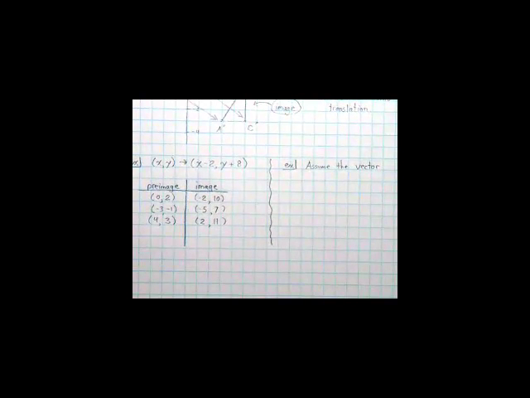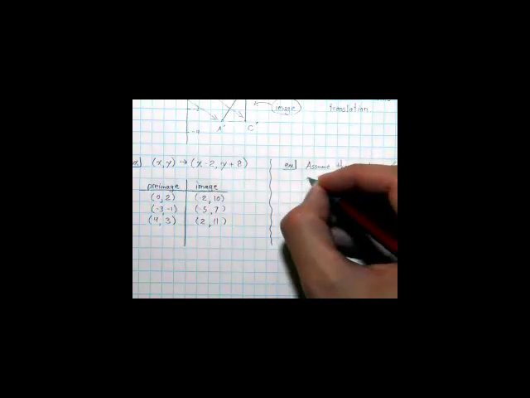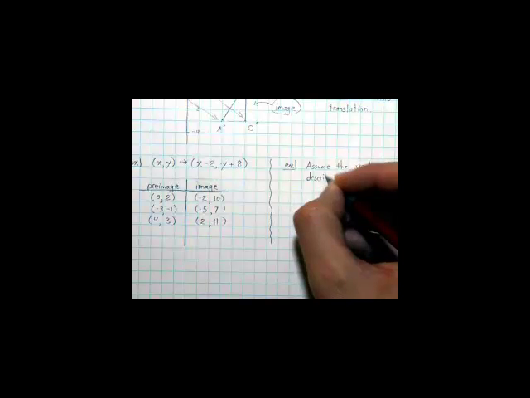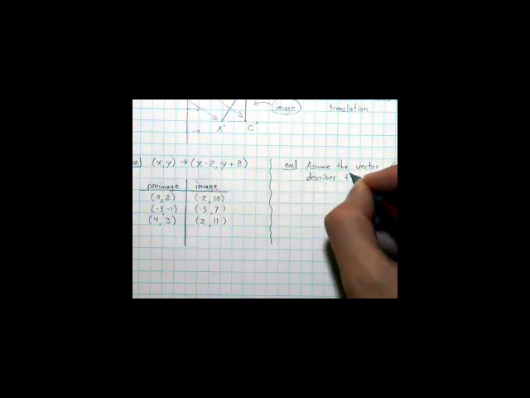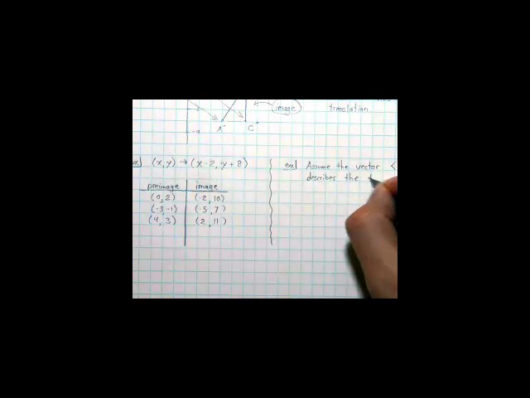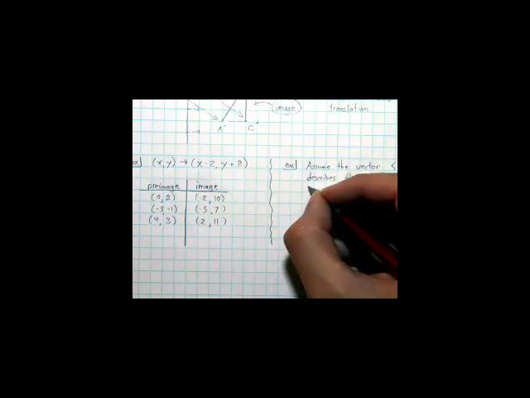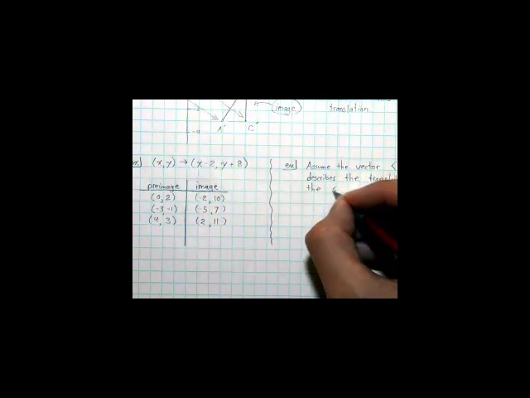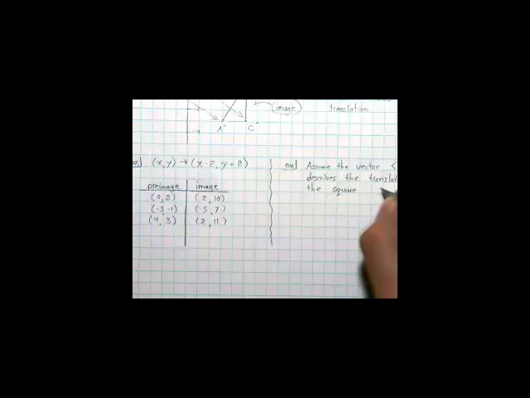So let's say, assume the vector [2, -5], and remember vectors have to have these little brackets on there, describes the translation of the square below. So I'm going to graph a quick square here.